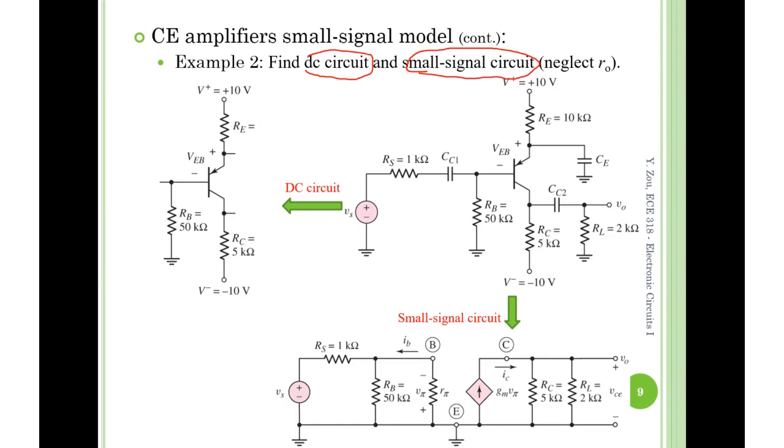That's fine too, as long as you know which resistor you're playing with. The emitter here is shorted to ground due to this capacitor. Okay, bypass. Same thing happened in the MOSFET circuit. Any questions?